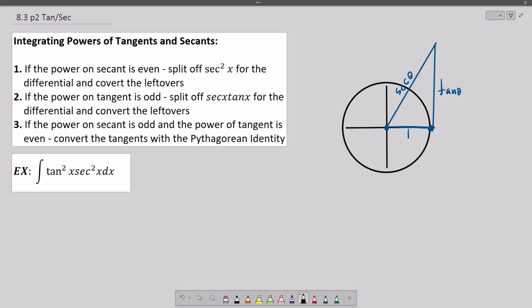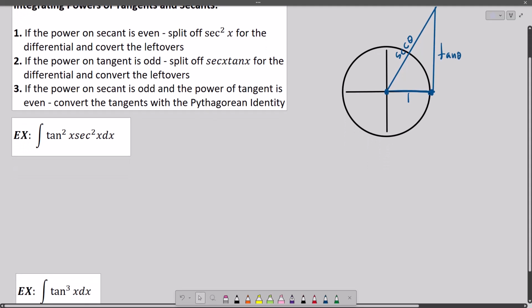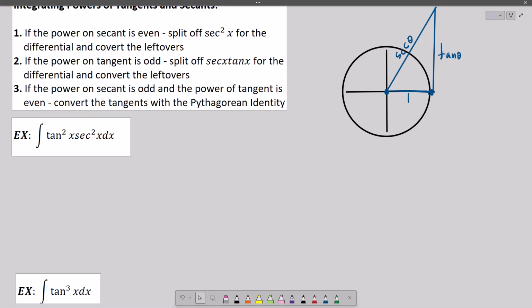Okay, so this one's a little more complicated. It says if the power on secant is even, pull secant squared off for the differential and convert the leftovers. So if the power on secant is even, pull 2 off, secant squared. The thinking is that you're going to let u be the other function.